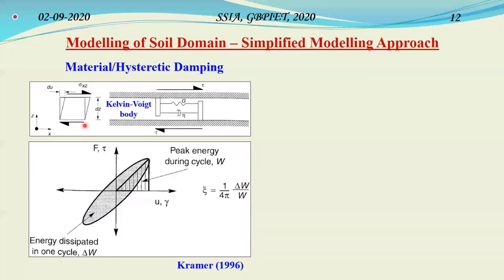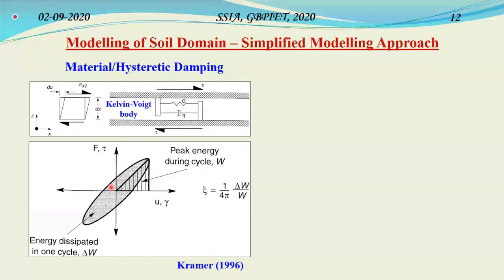So in this process, we represent a soil element by a Kelvin-Voigt body. It is a simple parallel system of a stiffener and a viscous dashpot, and they are sheared in a cyclic manner. Once this shearing is done, there will be a cycle of loading and unloading followed by a reloading, and we obtain a loop which is called a hysteresis loop.